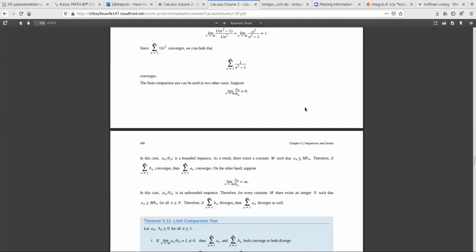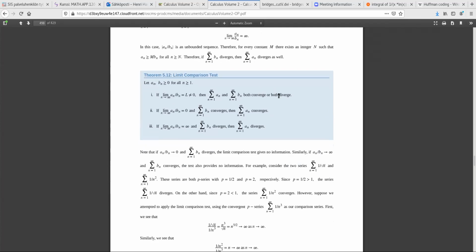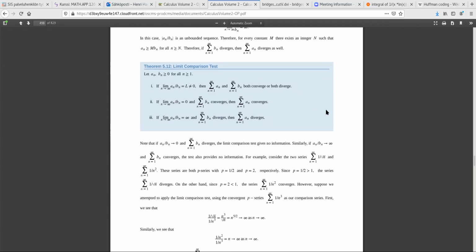So this can be compared in 3 ways. Here is the summary. If we have an A sequence and a B sequence, and suppose one of them is known, let's say the B sequence's convergence or divergence is known. If the limit of the ratio is some fixed number, not 0, then they are equiconvergent: if one converges, both converge, or if one diverges, both diverge.